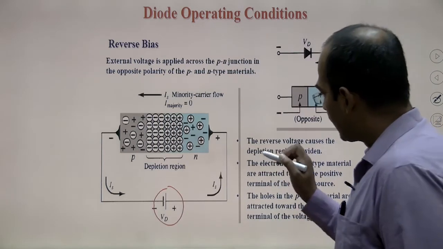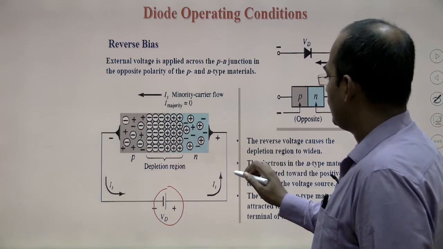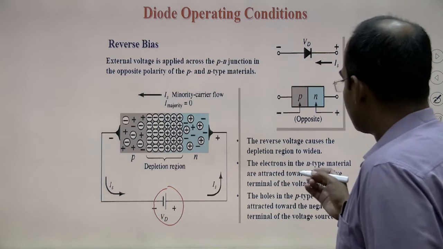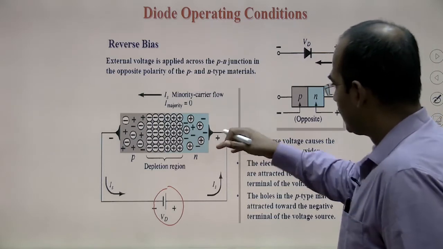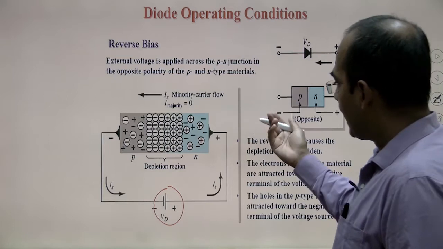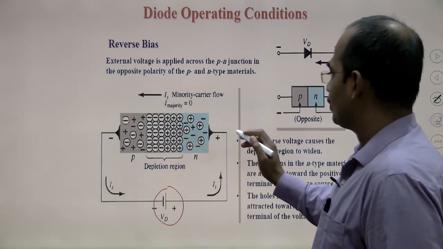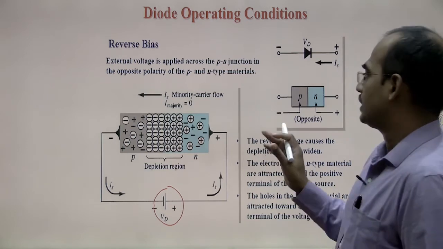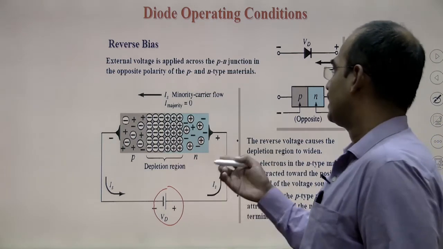It is only constituted by the thermally generated charge carriers. As the temperature increases, the thermally generated charge carriers will increase and they will constitute the reverse saturation current. In this way, the reverse saturation current or minority carrier current is constituted.